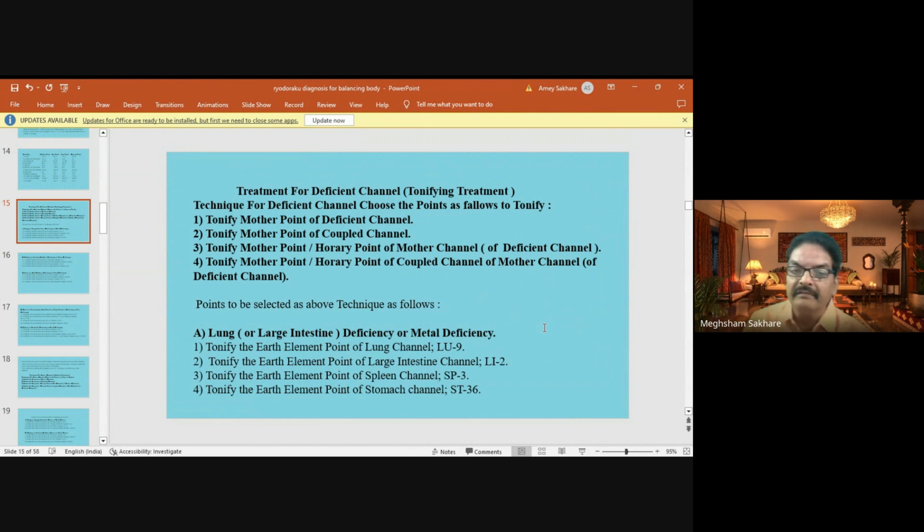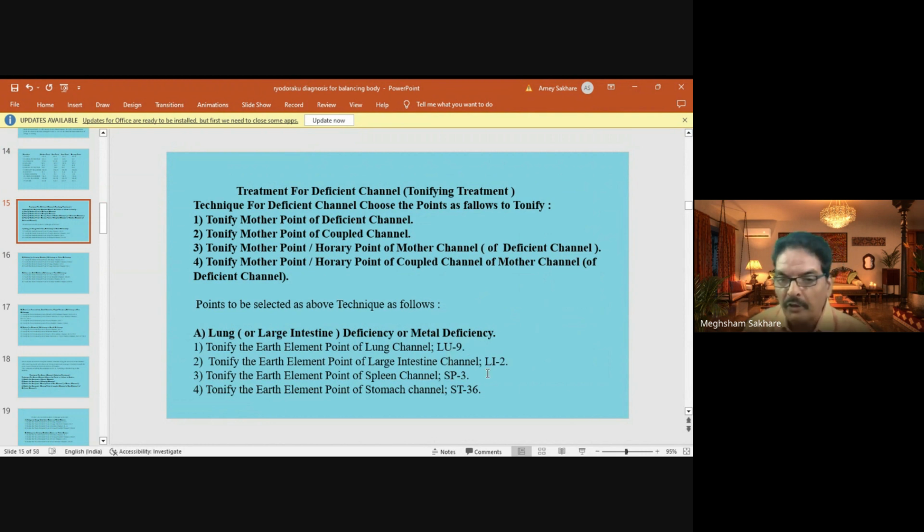Then tonify the earth element point of the spleen channel, meaning SP3, you should tonify, because the spleen channel has the earth element, and when the earth element is tonified, metal comes from earth. So tonify SP3, and tonify the earth point of the stomach channel, that is Stomach 36.